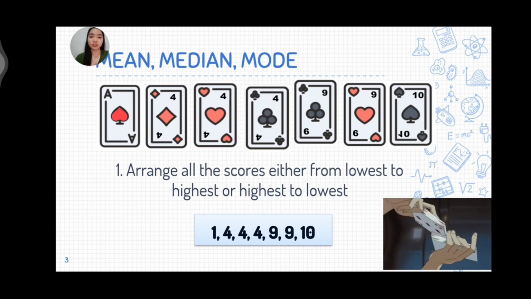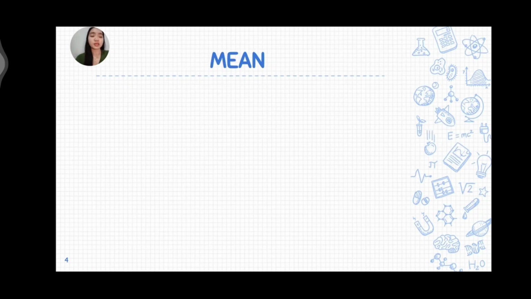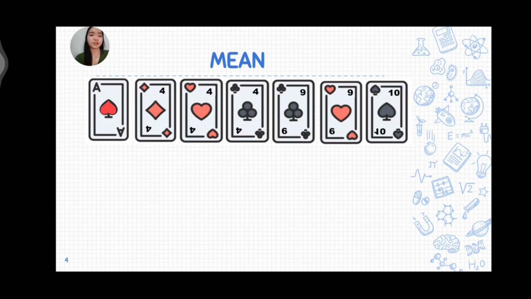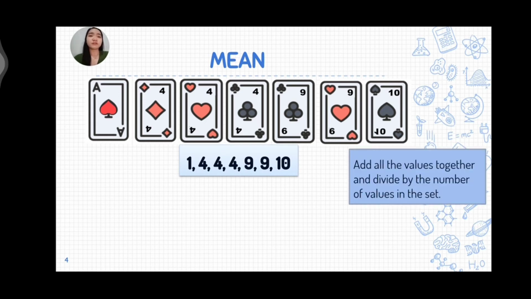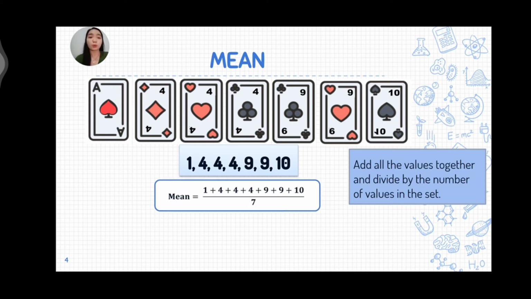Now we're done arranging it. Let's proceed on how to solve the mean, median, and mode using the same example. In order for us to get the mean, add all the values together and divide by the number of values in the set. So how do we do that? Mean equals 1 plus 4 plus 4 plus 4 plus 9 plus 9 plus 10. And then you divide it by the number of values in the data set.